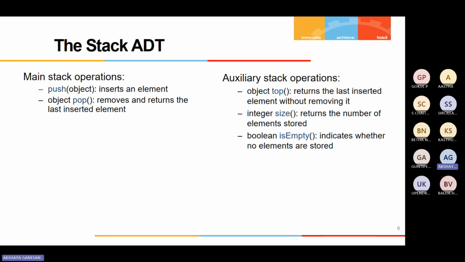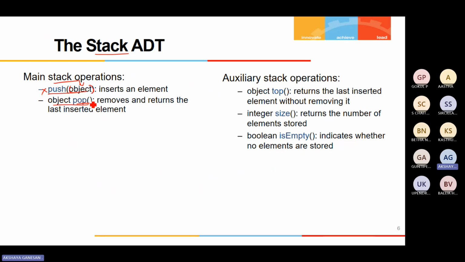Now I show you one ADT. Stack, I will talk about stack in detail, but you can see the stack operations are push and pop. This is the signature for push. Push will push whatever element you are mentioning. Pop will pop out the last inserted element. You can see that there is no return type for push because it doesn't return anything.